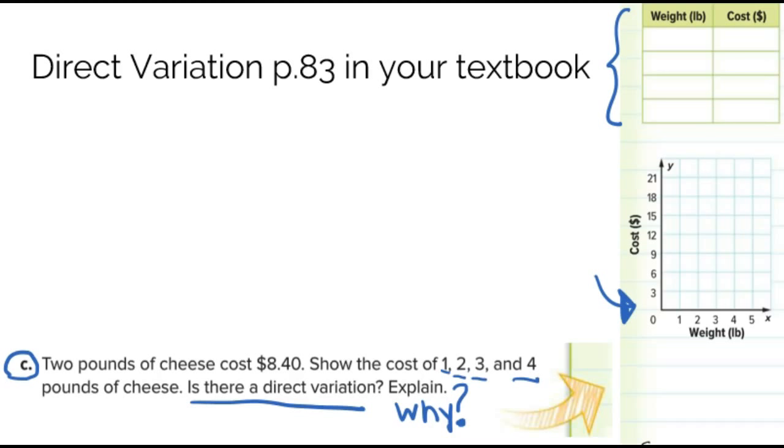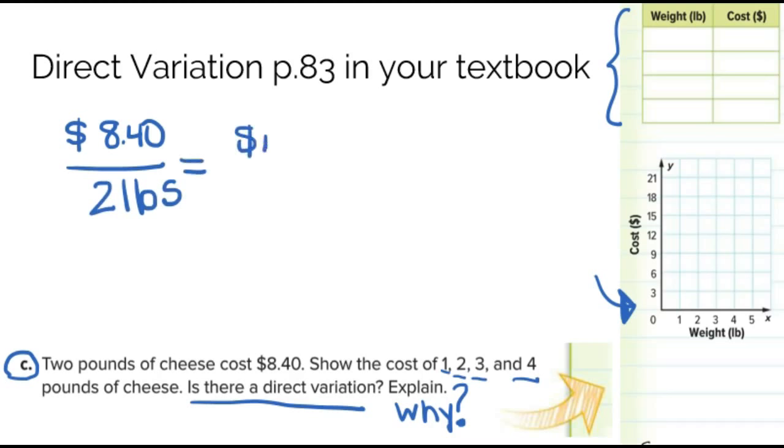Okay, hopefully now you've had a chance to work through this problem on your own. Let's talk through it. The first piece of information they give us is that 2 pounds of cheese cost $8.40. So I'm going to find out my unit rate. $8.40 per 2 pounds of cheese is going to give me $4.20 per pound.